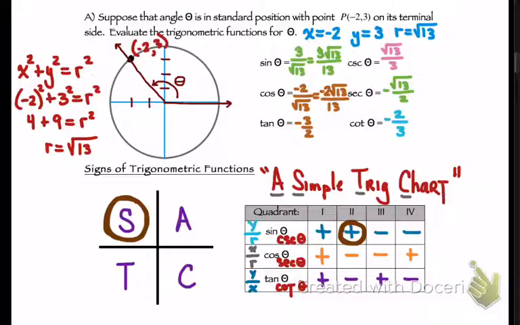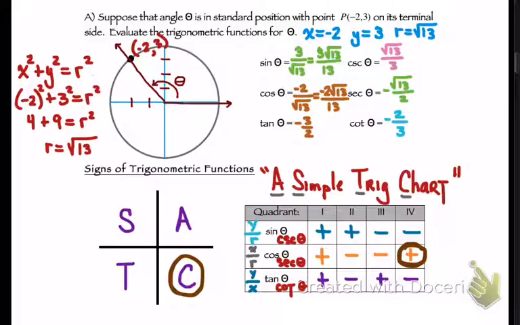Well, sine and obviously its inverse. So a simple, T stands for tangent. Notice the tangent is the only thing positive in the third quadrant, sorry. And then C stands for cosine. Cosine is the only thing positive in the fourth quadrant.